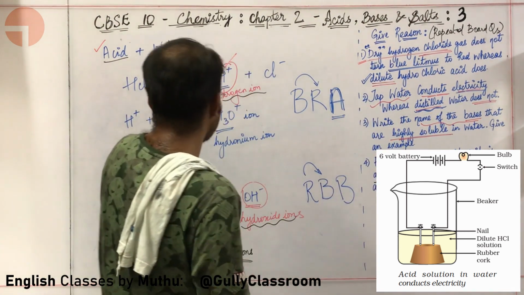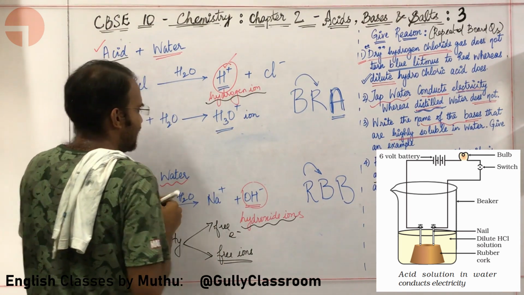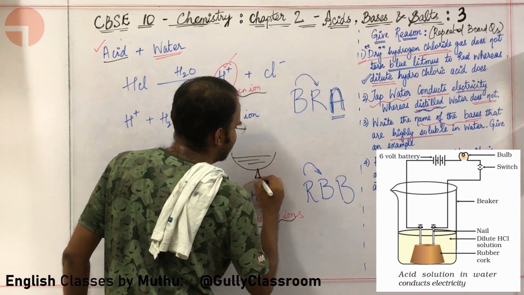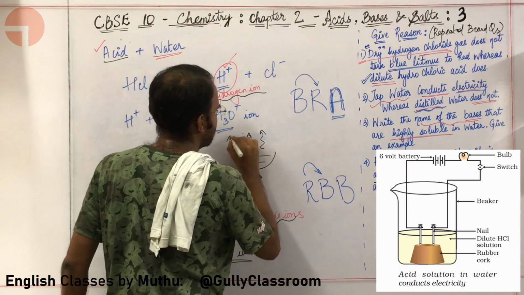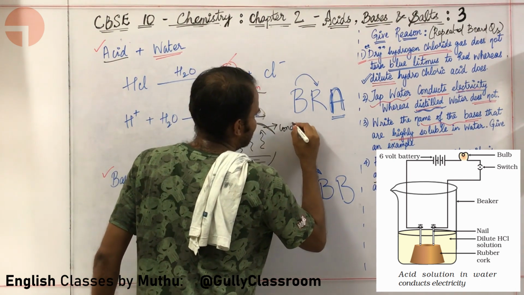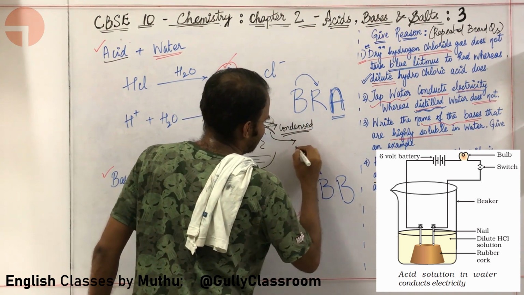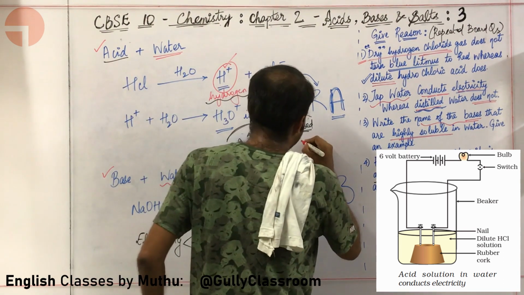What is distilled water, sir? Okay, let me rub this over here. Distilled water means, let me take a very large vessel here, fill it with water and heat it. This water will get converted into vapor and come up. I am having a vessel here. The vapor hits it and gets condensed. Once the water gets condensed, I can extract it. This particular water is called distilled water.